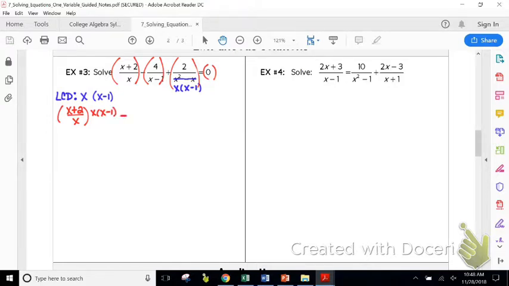And then there was a minus sign. 4 over x minus 1 times the x times x minus 1, plus 2 over x times x minus 1 times the x times x minus 1. Uh-oh, I'm running out of room. Equals 0 times the x. Oops, let me put the 0 in parentheses, sorry. Times the x times x minus 1.